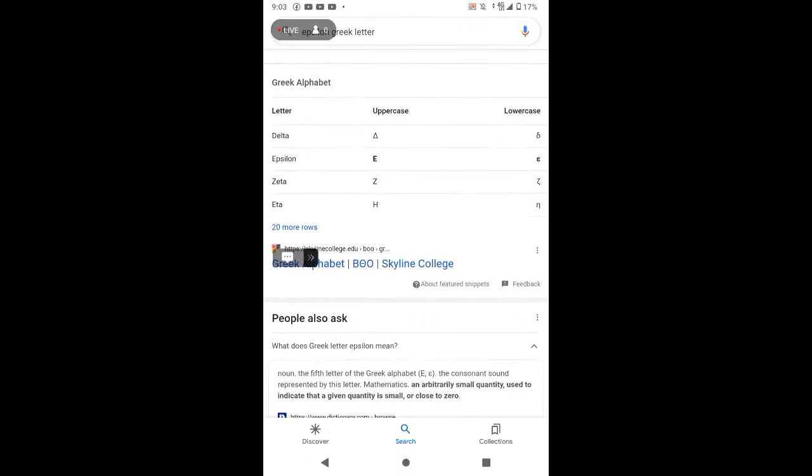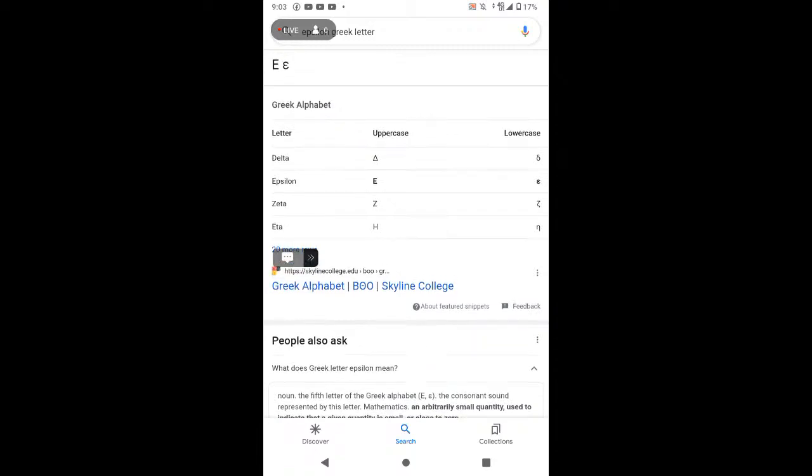Alright, let's get back to it. So epsilon is the 5th alphabet in the Greek before zeta, right? It looks like a capital E. So pi and E will say PE.